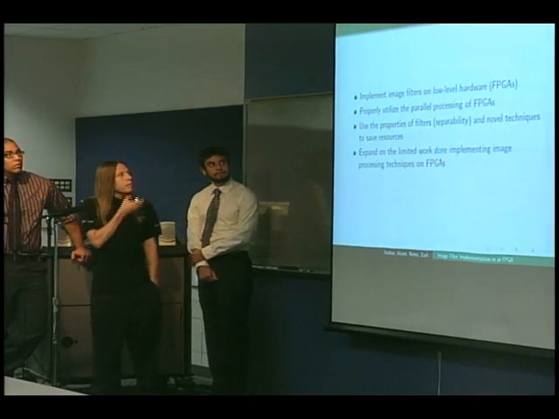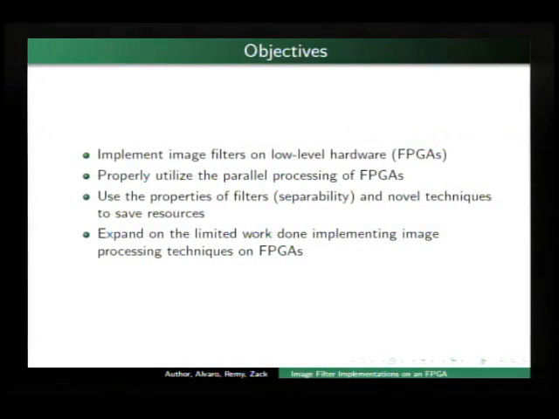So yeah, we're going to implement the filters on FPGAs. That's our main goal, and the reason being it can be used for various filtering applications because the ultimate goal is real time. You take in a pixel, you put a pixel out. It's non-stop. And that of course depends on properly utilizing the parallel processing abilities of it.